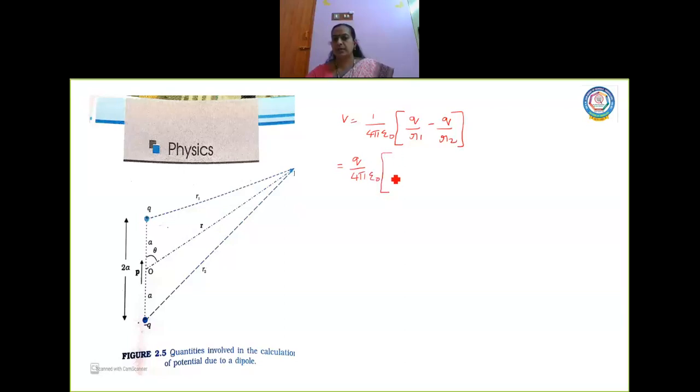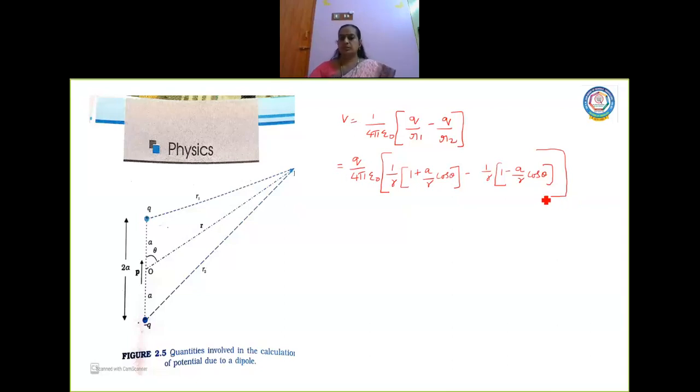Now for 1 by r1, what is the value of 1 by r1? 1 by r1 is 1 by r into 1 plus a by r cos theta, then minus, q I have already taken out, 1 by r2 will be again 1 by r into 1 minus a by r cos theta, right?